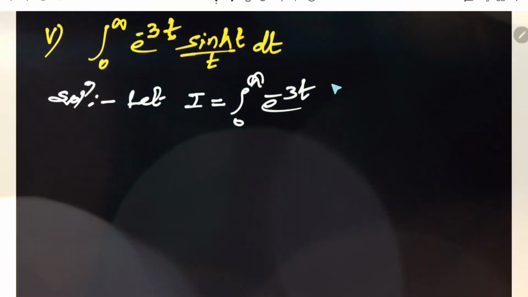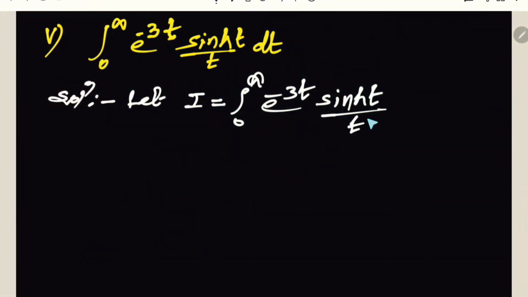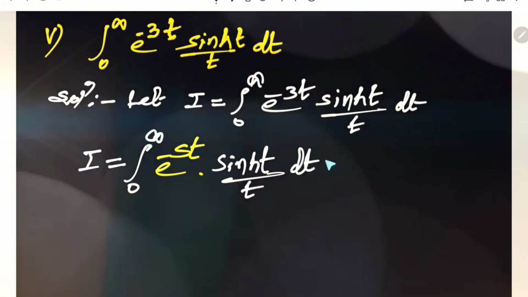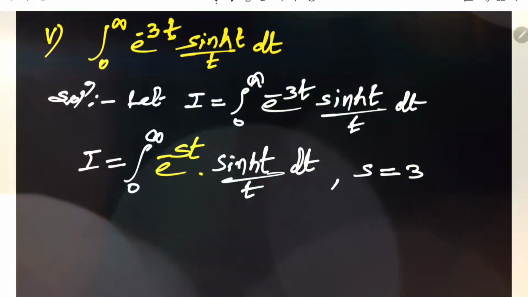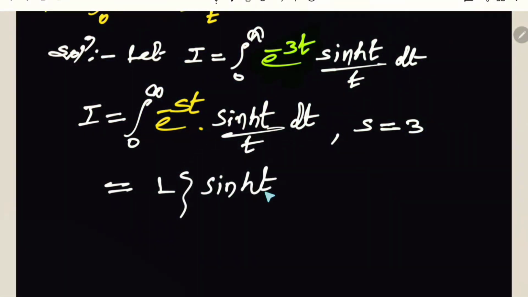Therefore, as per all previous examples, we consider this as I, suppose e raised to minus 3t sin ht upon t with respect to t as I. The next step, replace that term e raised to minus 3t by e raised to minus st, mentioning the value of s as 3. And as per definition, this is the Laplace of that function sin ht by t.